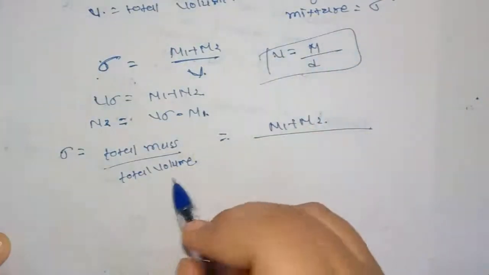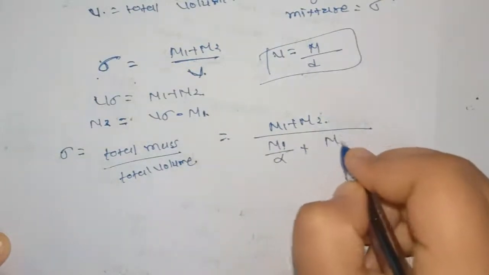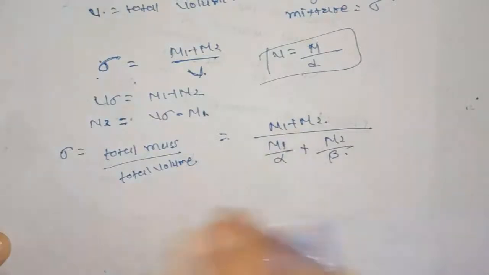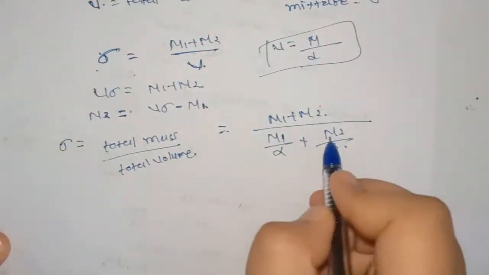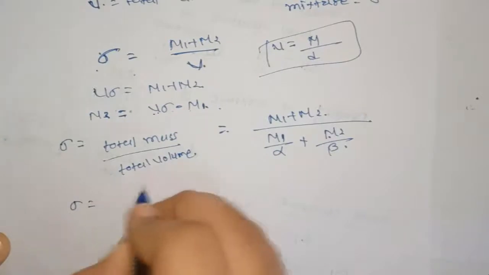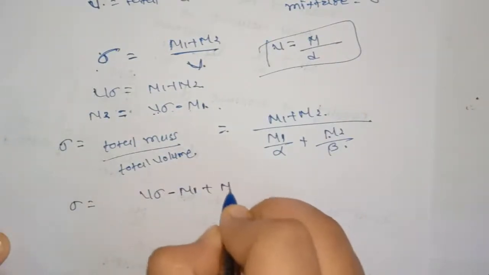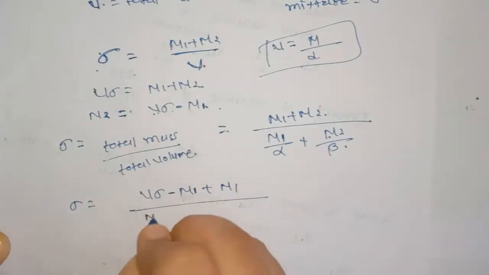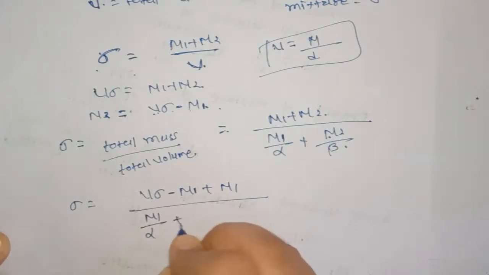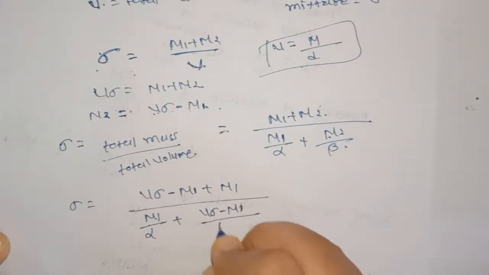So volume will be M1 upon alpha plus M2 upon beta. But instead of M2 we can write V sigma minus M1. So sigma will be V sigma minus M1 plus M1 divided by M1 upon alpha plus V sigma minus M1 upon beta.